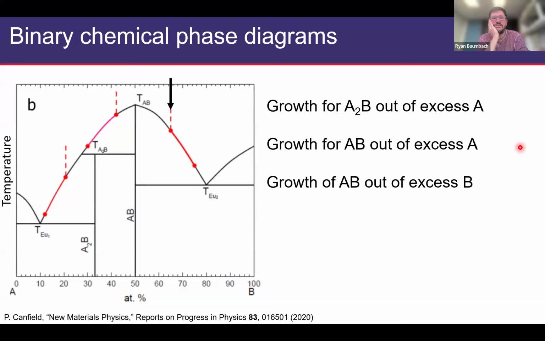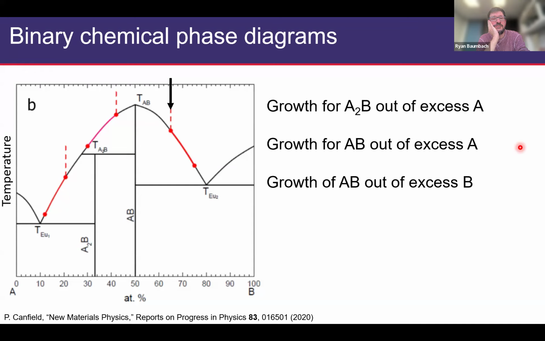So as we decrease temperature, some of the AB will come out. Your question is why? Right, so we're slightly off balance. So what happens is as you let AB drop out, it's going to deplete the melt more rapidly of A than B. And as that happens, we're going to continue to move right in the phase diagram.